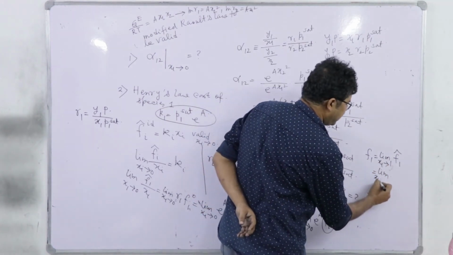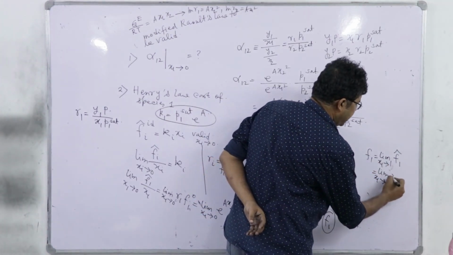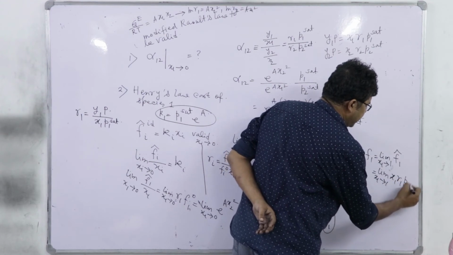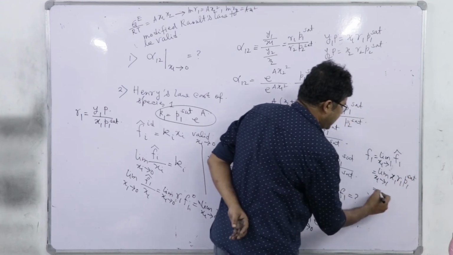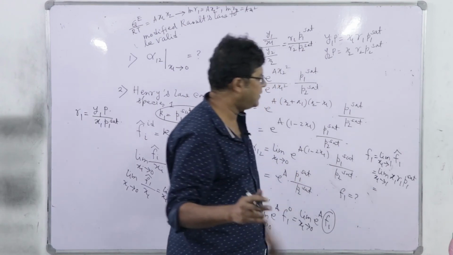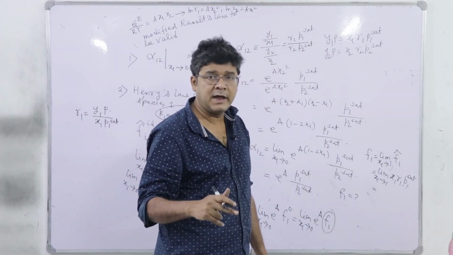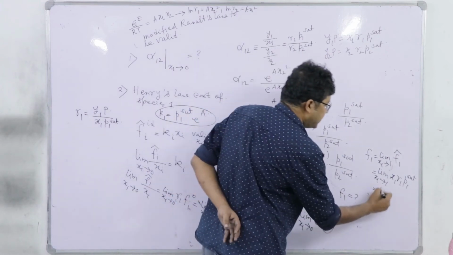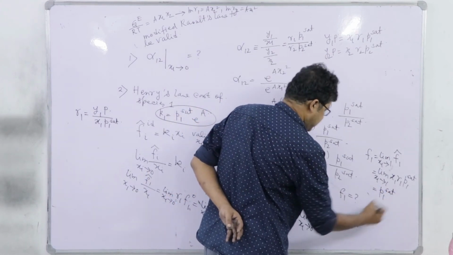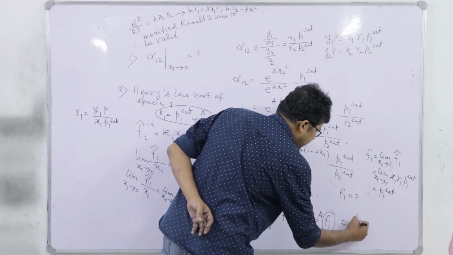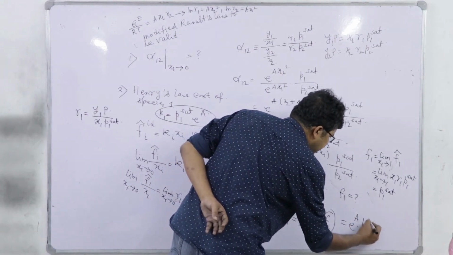So, limit x1 tending to 1, x1 gamma 1 P1 sat. Now, x1 is 1. Gamma 1 will also be equal to 1 in the limit x1 tending to 1. So, this becomes P1 sat, and essentially we get the result as e to the power a into P1 sat.